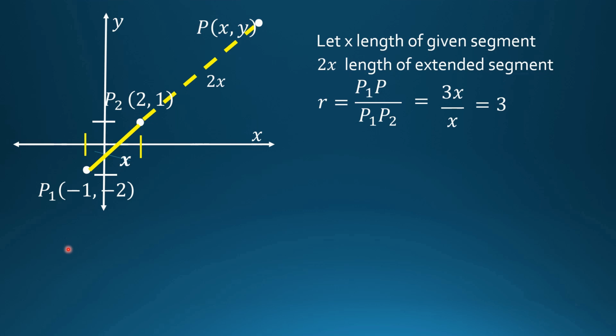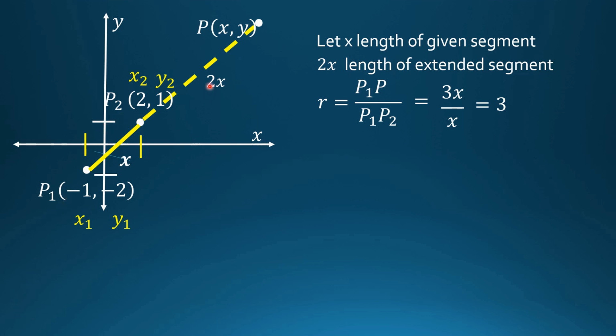Let us represent by X sub 1 the X coordinate of point P sub 1 and by Y sub 1 the Y coordinate of point P sub 1. Let us represent by X sub 2 the X coordinate of point P sub 2 and by Y sub 2 the Y coordinate of point P sub 2.